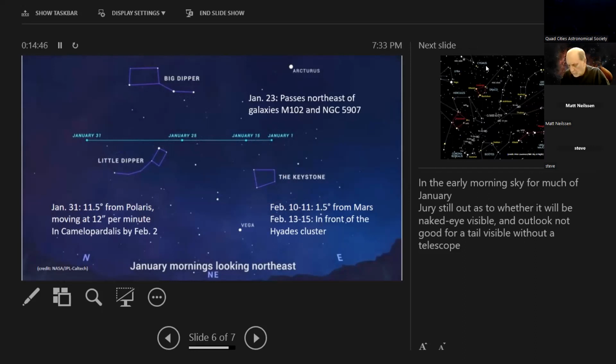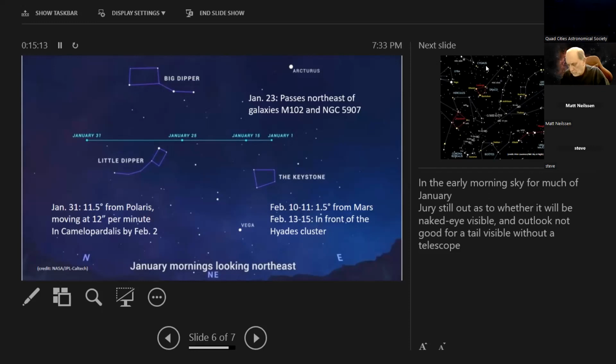But it is heading up fairly close to the far northern sky. And January 23rd, it'll pass just northeast of galaxies M102 and NGC 5907. They're somewhere close to Ursa Major, but I'm not entirely sure. But at the end of the month, it'll be within 12 degrees of Polaris.